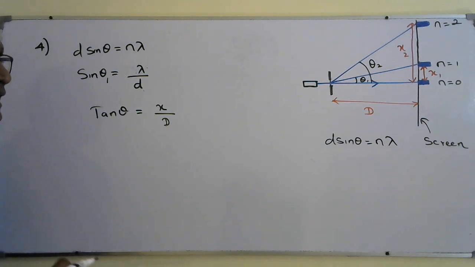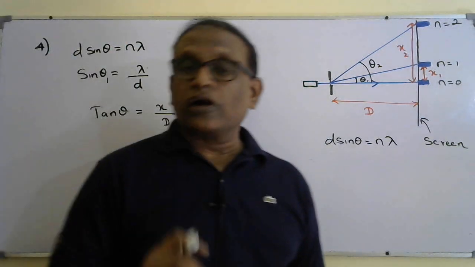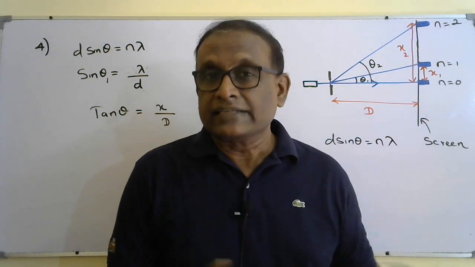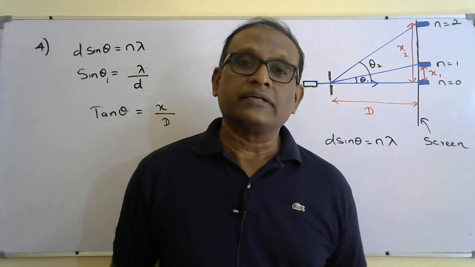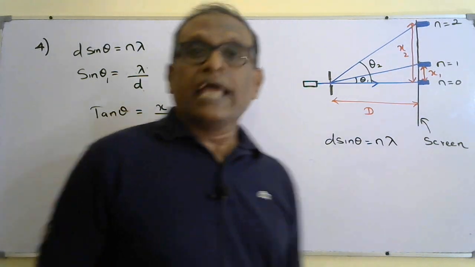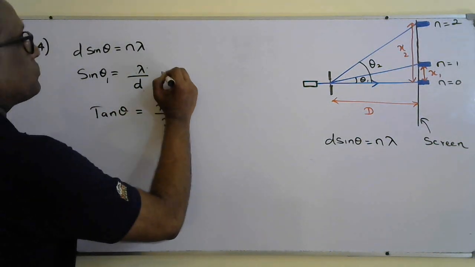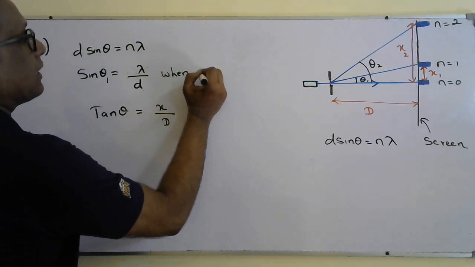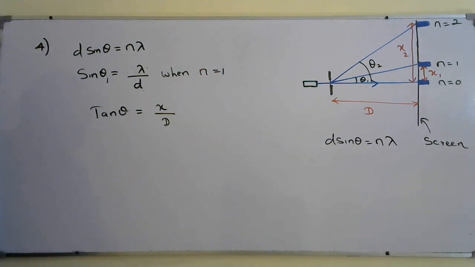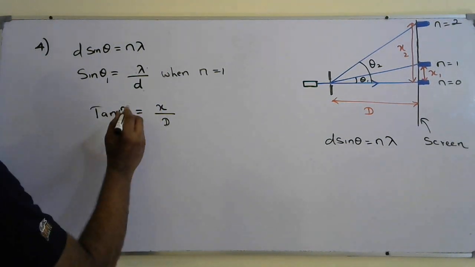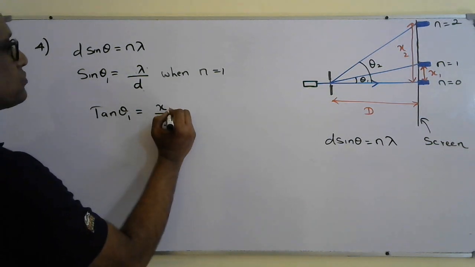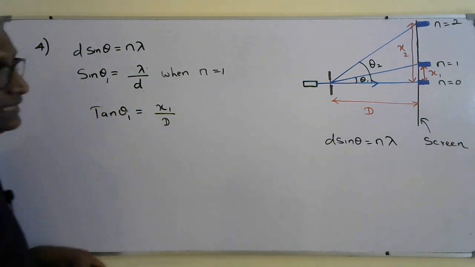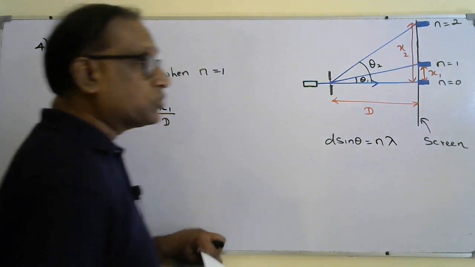I am thinking about what will happen to the first order bright band when I increase the distance of the screen from the diffraction grating. So n equals 1, sin theta 1 equals lambda over d. At the same time, tan theta 1 equals x1 over D. x1 is the distance of the first order from the 0th order.